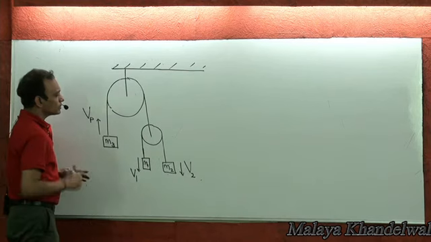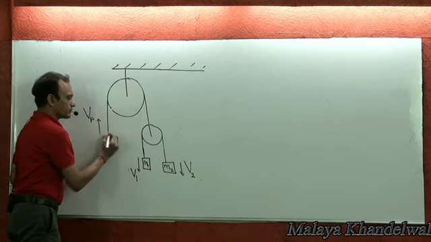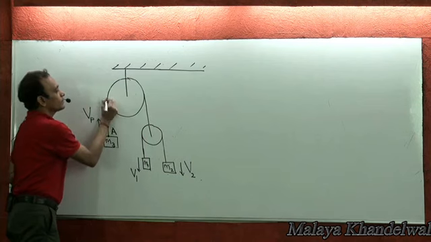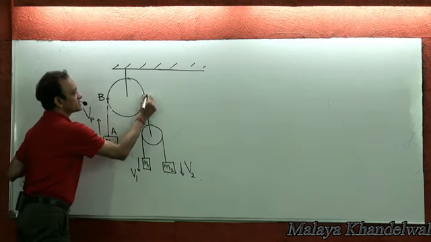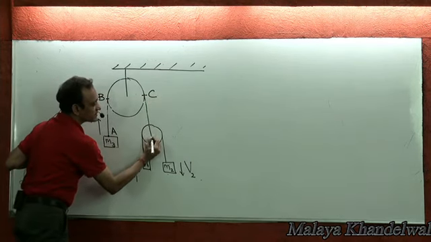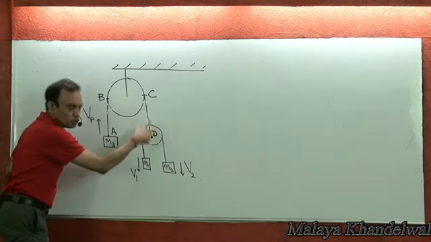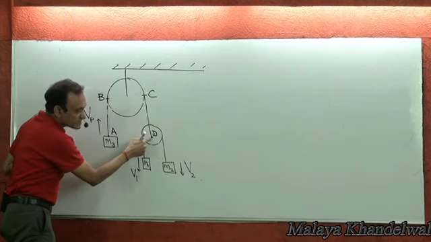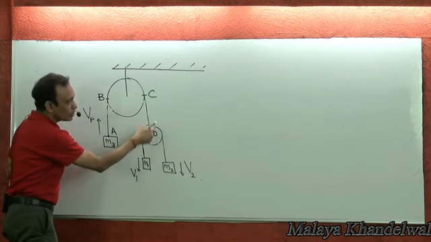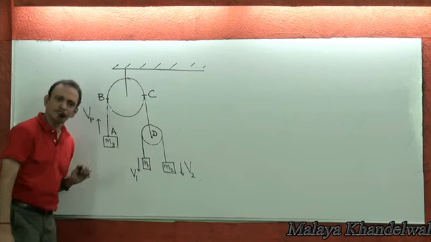Now, these are my nodes. Let's say this is my string. This is A, this is B, this node is C, and say this end is D, which is connected to this movable pulley. Right? So since the end D of the string moves down, this pulley will also move down.